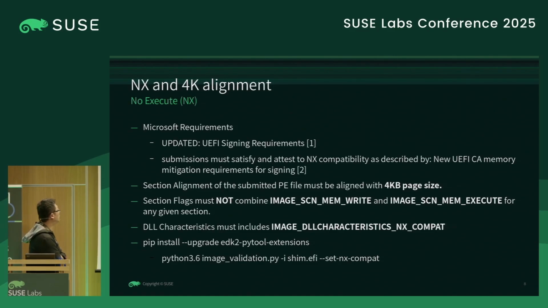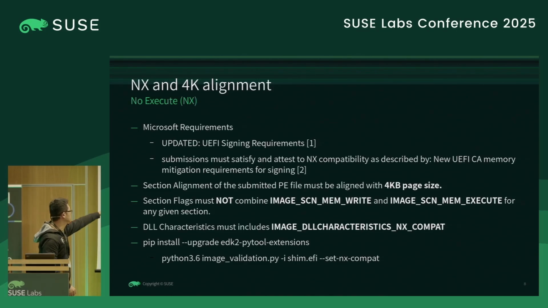So now NX is also needed. It means that your PE binary file must align with the 4K page size, because we don't want to go outside the boundary, so it must align to the 4K area.